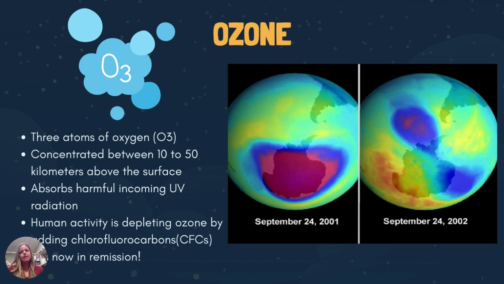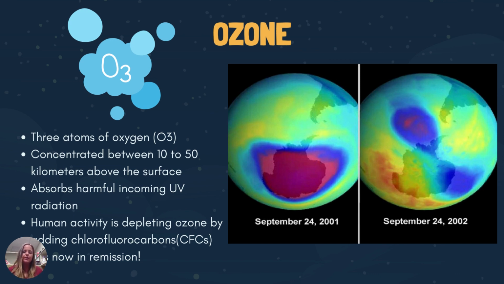And so what that means is if we have too much UV exposure, it can burn our skin, right? So if you go outside and you don't wear sunscreen and you're exposed to the sun for a long period of time, you'll get sunburned, right? So it's the same situation, but if this ozone layer wasn't around the Earth, blanketing the Earth, we would have even more extreme sunburns when we were exposed to the sun.